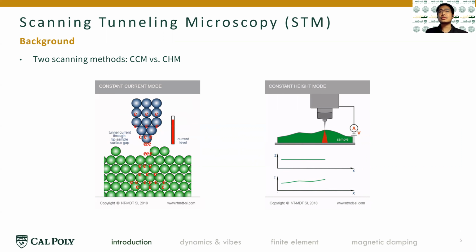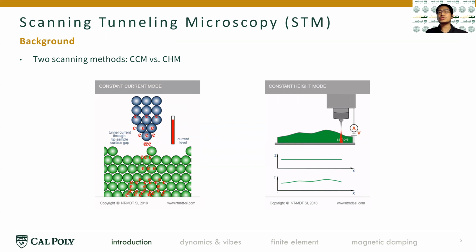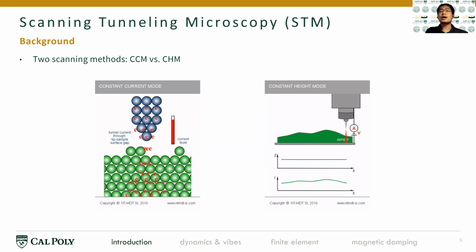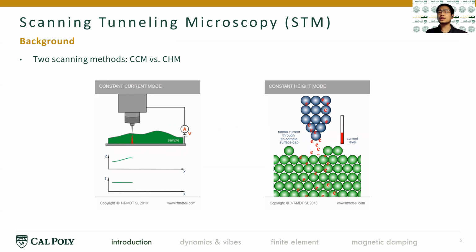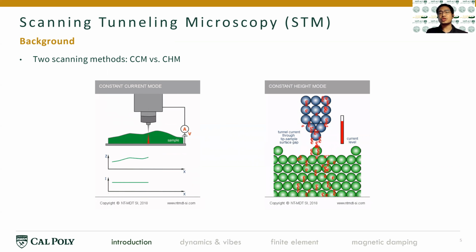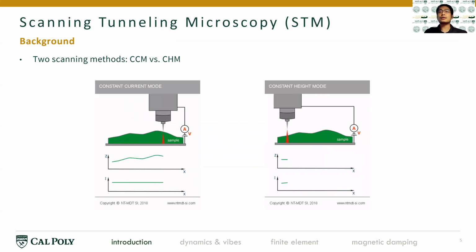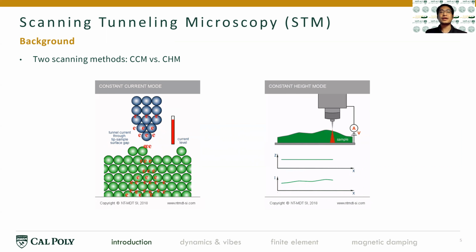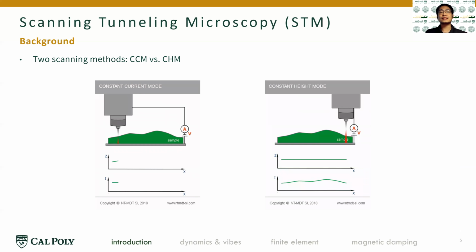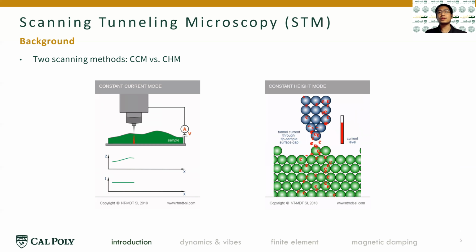In contrast, the constant height mode just scans through the surface, keeping the height at a constant level and recording the current to map out the surface of the material. Notice that the current here is only in the scale of picoamps, so you need to amplify it a lot to actually get data that you can operate with.